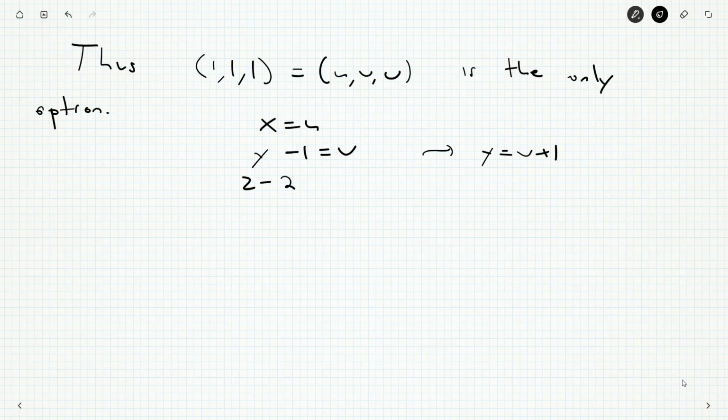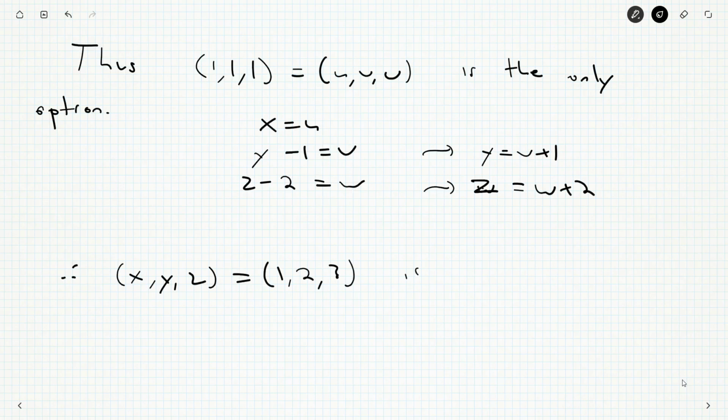And z minus 2 is what we call w. So z is w plus 2. So x, y, z is 1, 2, 3 is the only solution. And there we go. We did a little proof by contradiction to show 1, 1, 1 is the only option for u, v, w. All right, not bad.